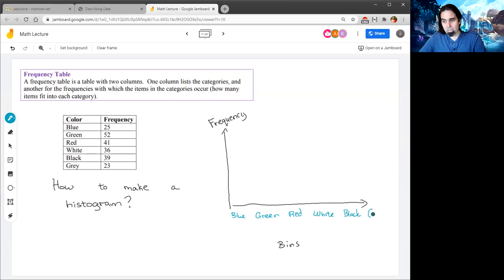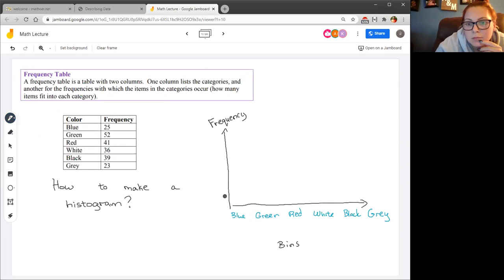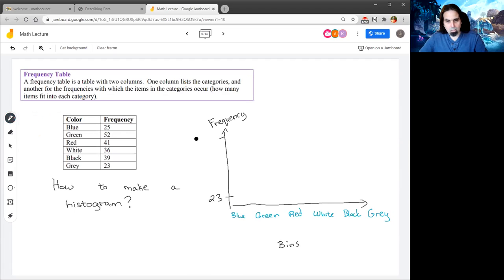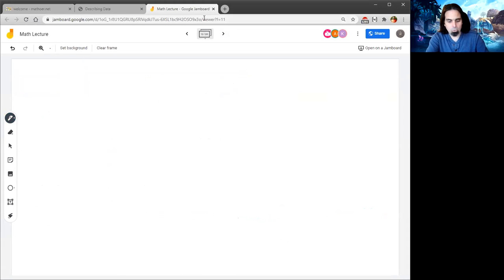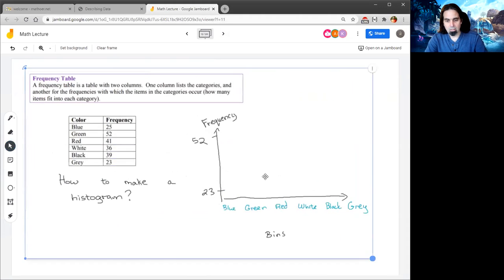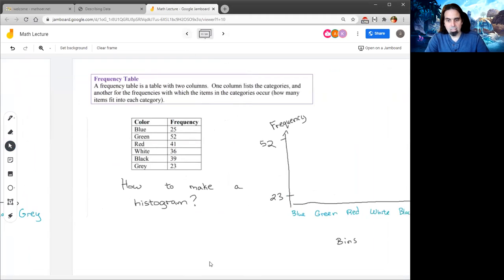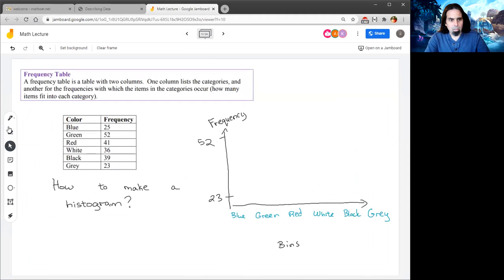And now we get to decide how evil and deceptive Ashley is. So she recommended starting at 23, which we certainly could do. And the highest would be 52. So if we drew it that way, and I'm going to take a picture of this slide right now for our next thing. Then what would we have?